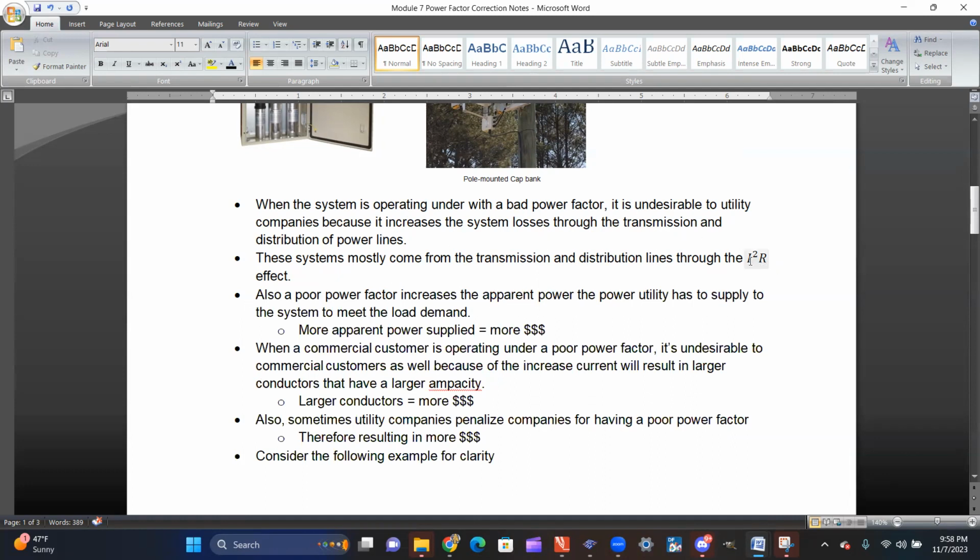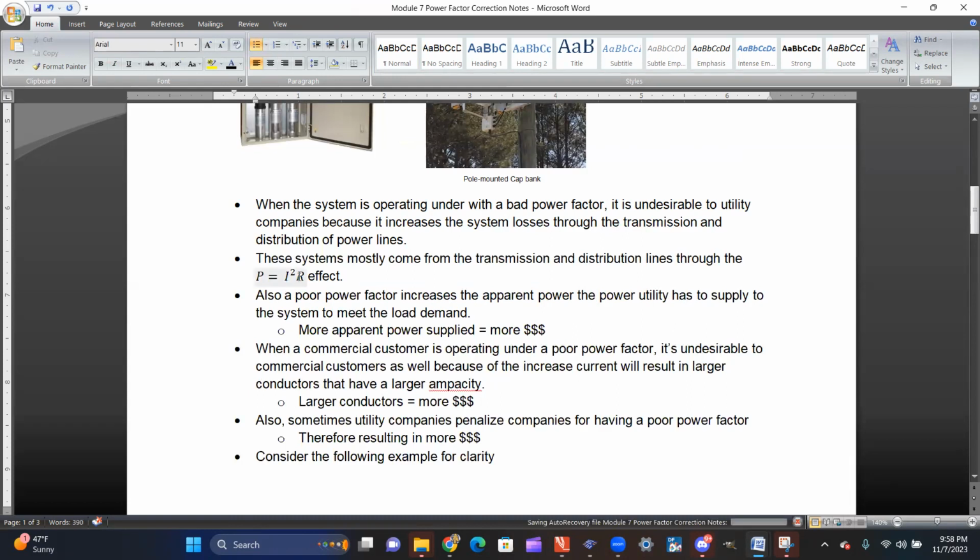So if you look at this equation right here, P equals I squared R, and this is the power that is lost through transmission and distribution lines. Whenever you measure the resistance of a conductor, it has some resistance. That resistance is going to be constant, not varying for the most part.